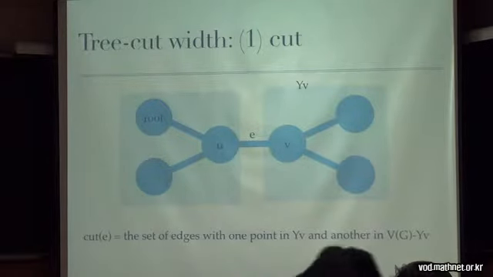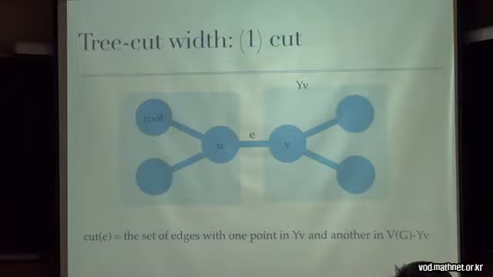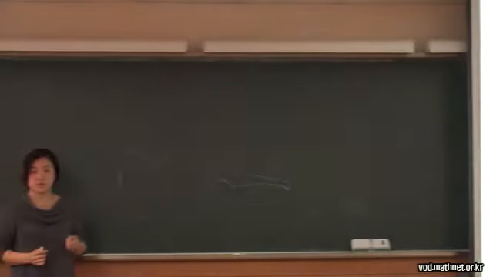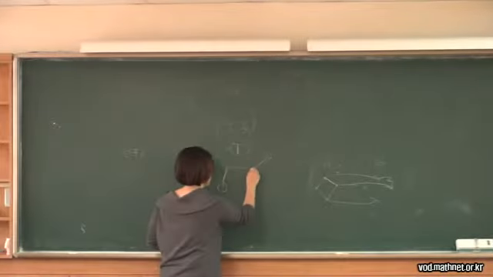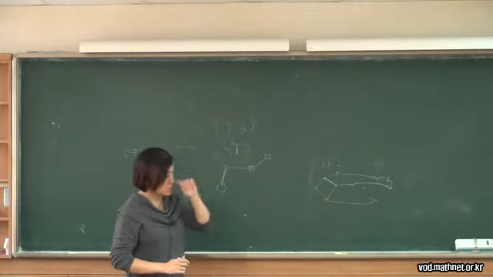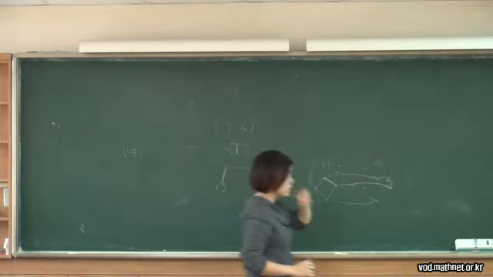One is the cut size, which is a number associated to each edge of the tree. Another is what I call the size of the torso, which is associated to the nodes of the tree.